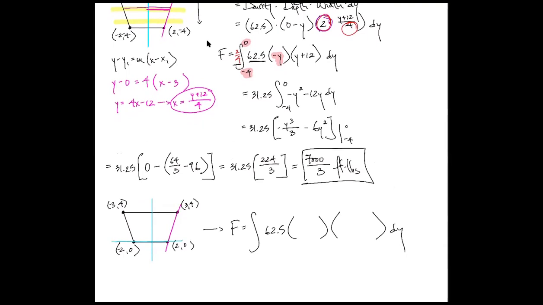Is it just y? 0 plus y? Yeah, we could do 0 plus y, right? The bottom plus whatever we're increasing it by, which just gets us back to y, because the depth of the water here is just going to be however tall that is.